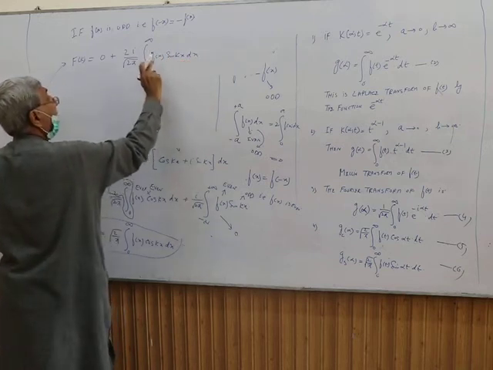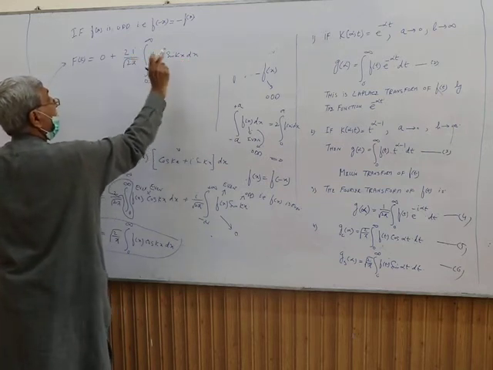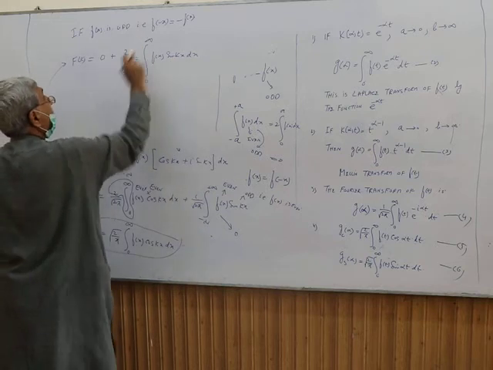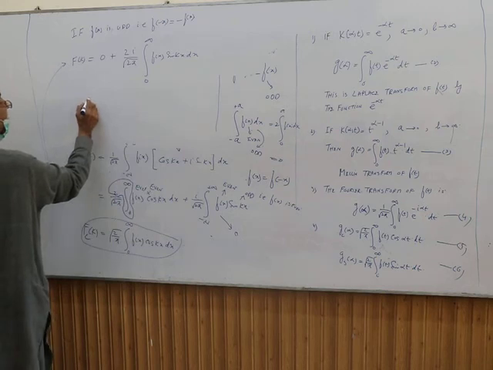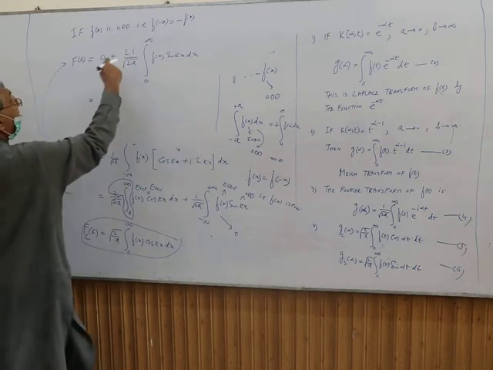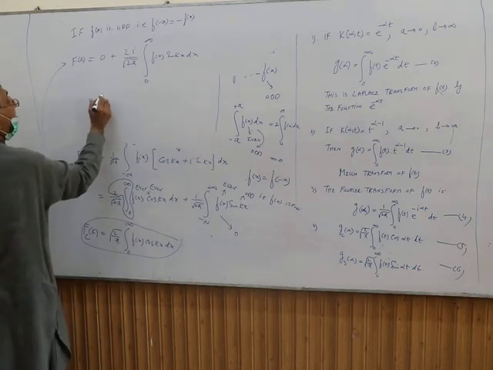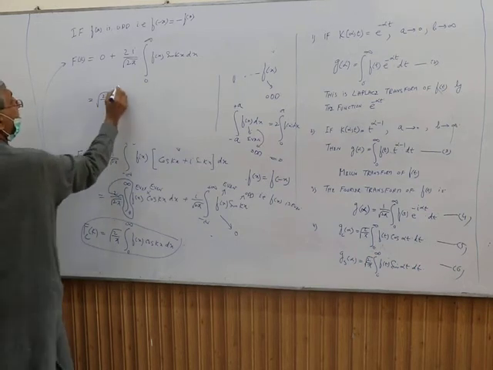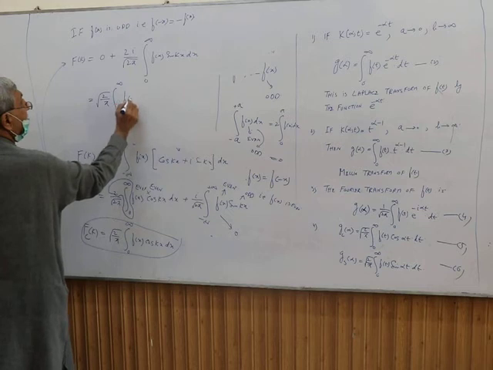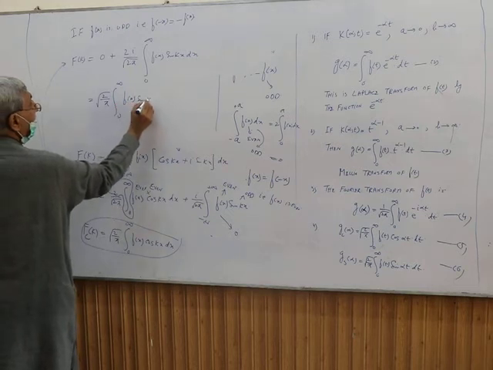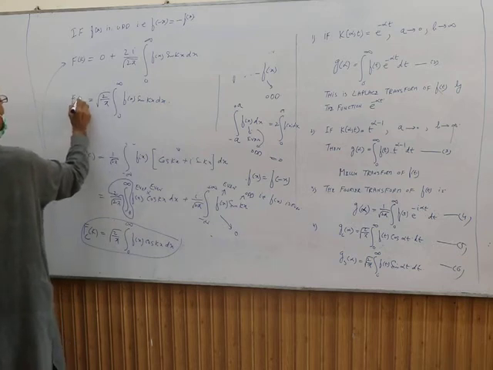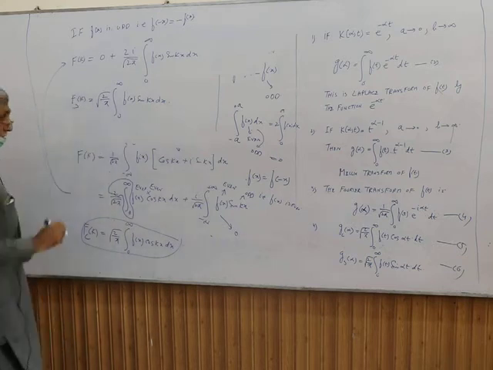Remember, f(x) is an odd function, this is odd, hence I have written it as 2 times 0 to infinity, and that's it. And further, if you remove i, what you get is the square root of 2 over pi, integral 0 to infinity f(x) sine kx dx, f(k), which is known as the Fourier sine transform.